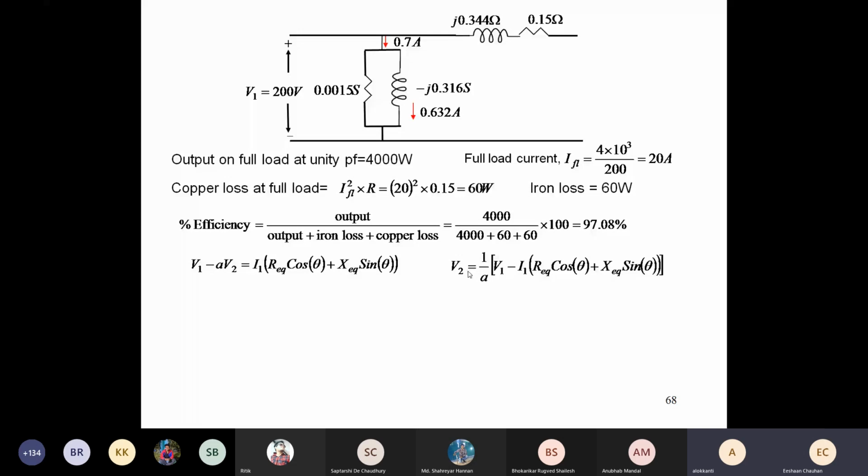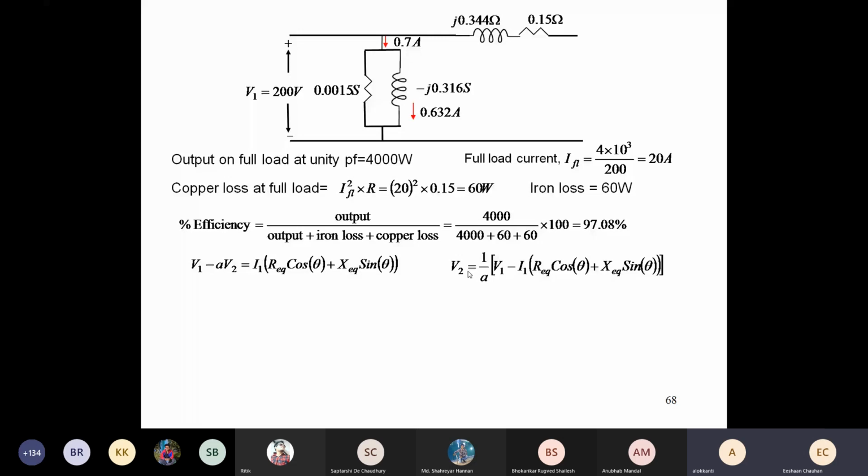Whether it will be plus or minus will depend upon whether it is a leading or lagging load. Obviously, it has been told that it is the full load current that is flowing, so basically it is the 20 amperes.